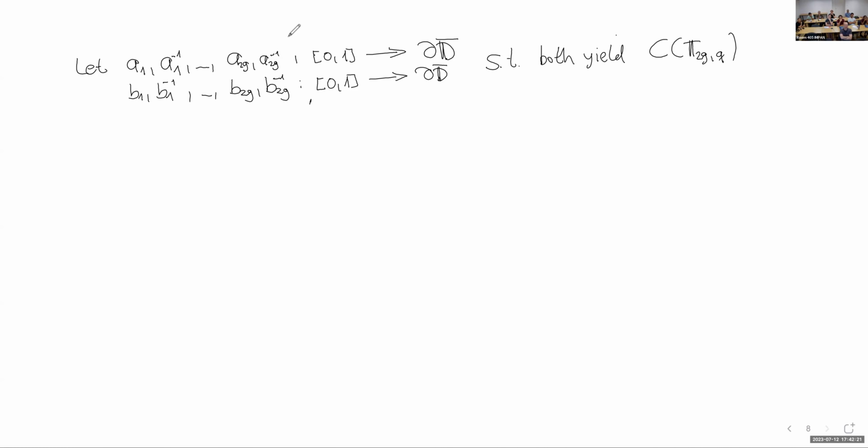Now the first thing which I need is that, I need really a different definition.